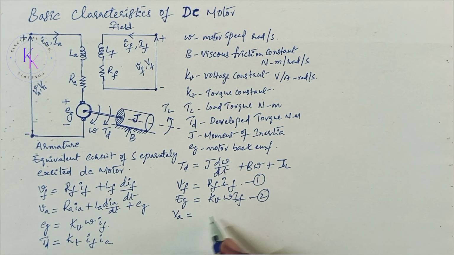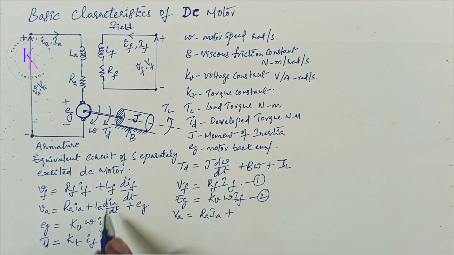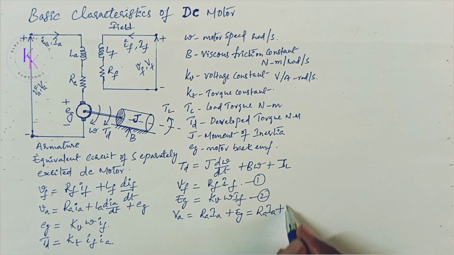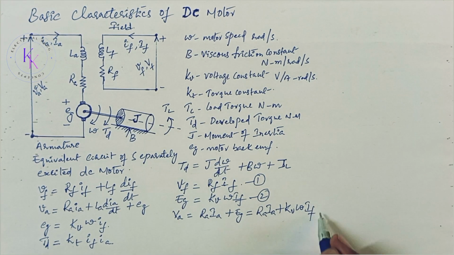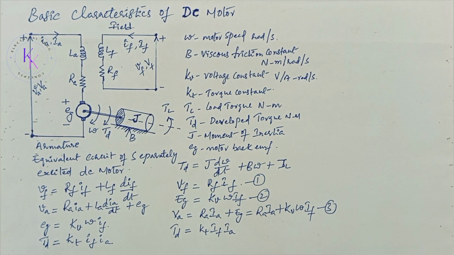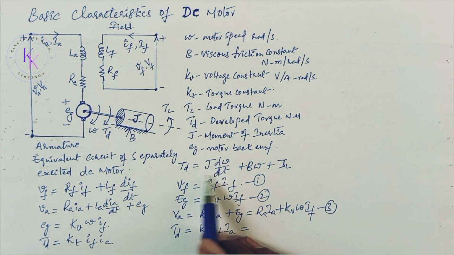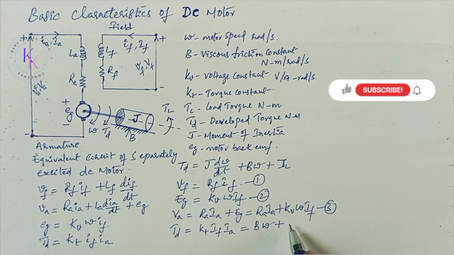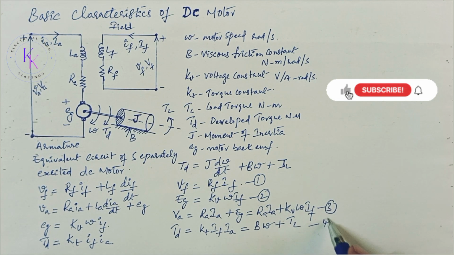VA equals RA IA plus EG, which equals RA IA plus kV omega IF, equation 3. Then TD equals KT IF IA, which equals B omega plus TL, where B is the viscous friction constant, equation 4.